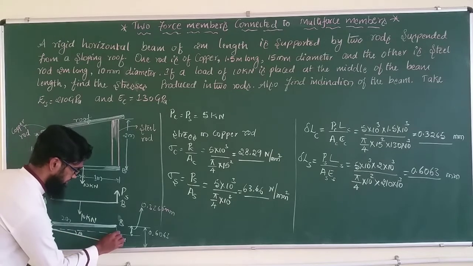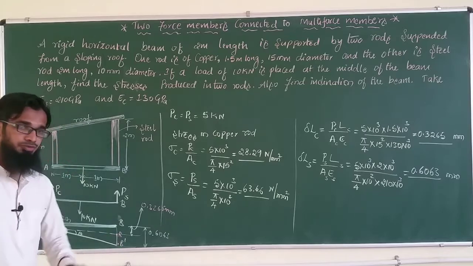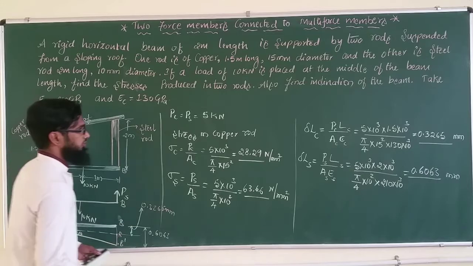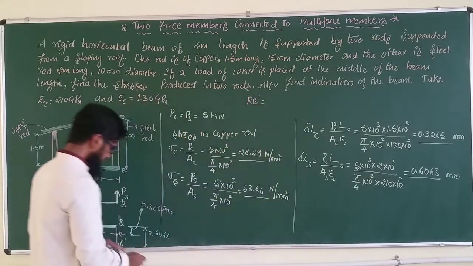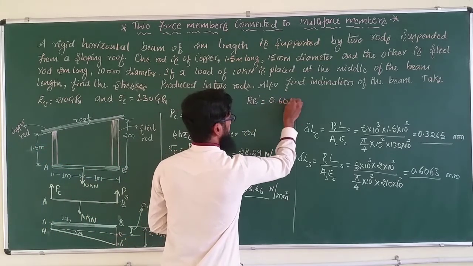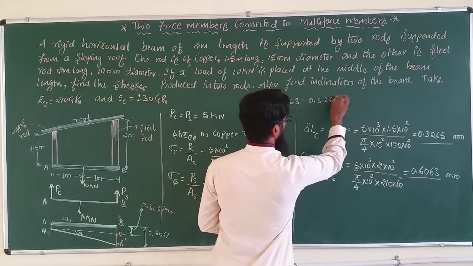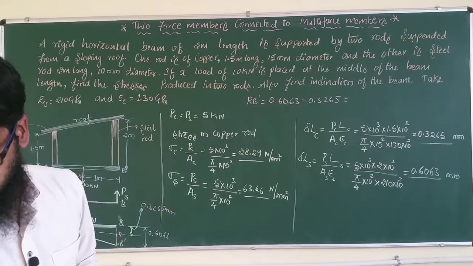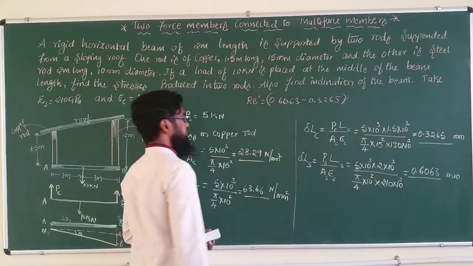Suppose I take a point R here; I need to find the length of RB dash. RB dash is equal to the total length 0.6063 minus 0.3265. This will help in the calculating part. So that will be the RB dash.